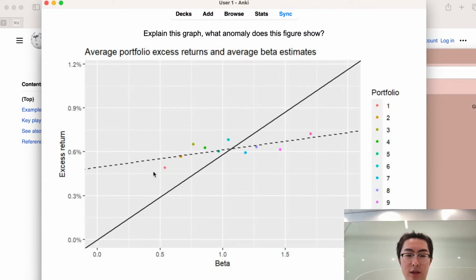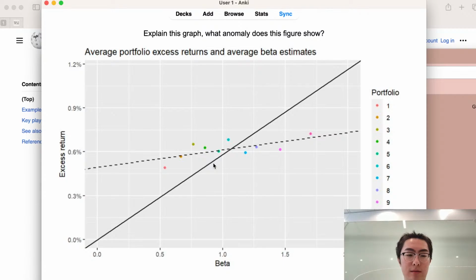So we can see here that this line represents, I would think, the capital asset pricing model, aka security market line.